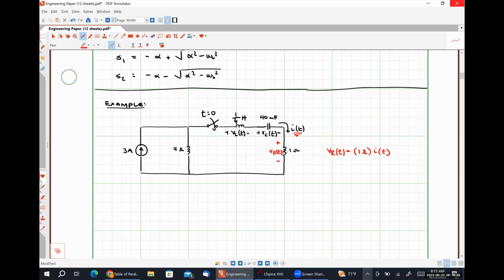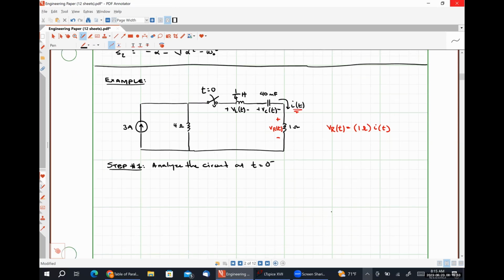All right, so step 1, much like we did on Wednesday, we're going to analyze the circuit at t is equal to 0 minus. So at t is equal to 0 minus, our switch is open.